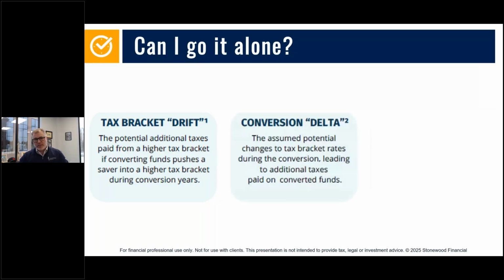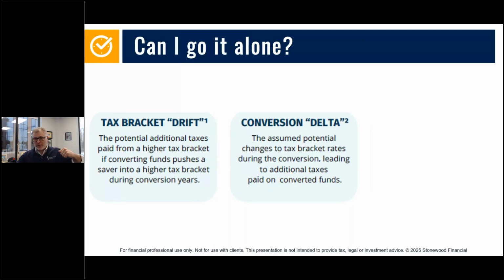What about conversion delta? Now, I'm guessing you haven't heard that term before because, frankly, we made it up. But it's a concept that needs to be brought to light. And I think what you're going to see here is that conversion delta, once I define it for you, is going to work directly opposite tax drift.